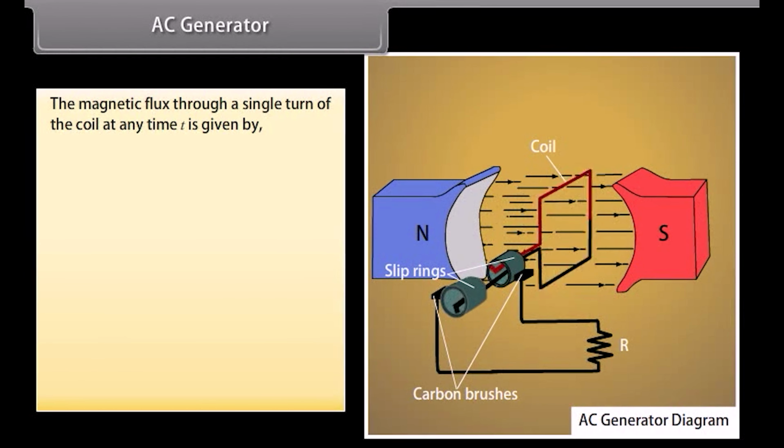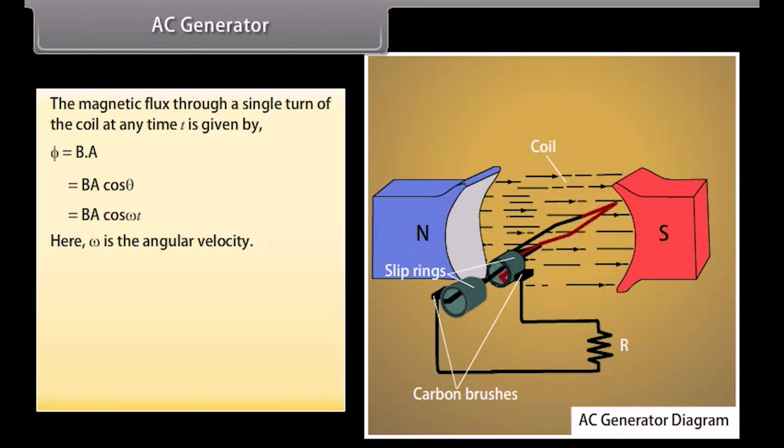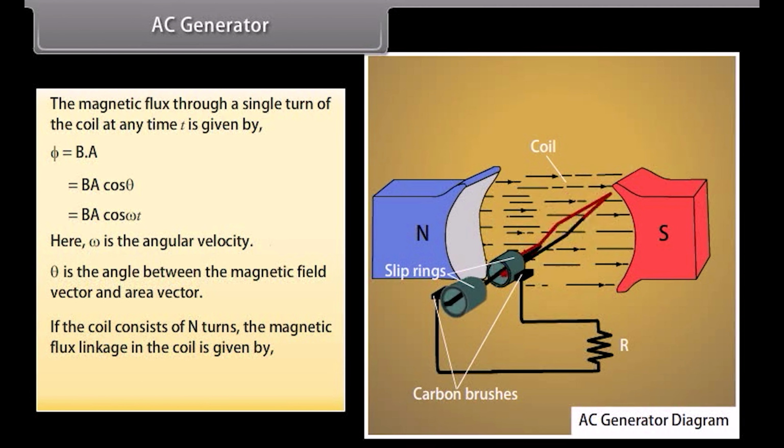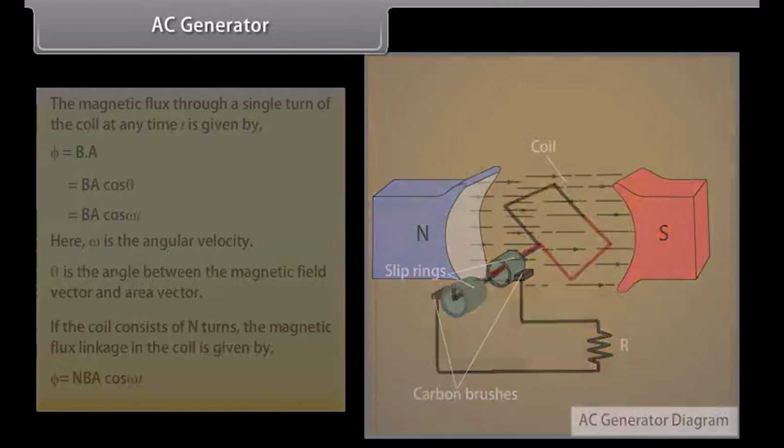The magnetic flux through a single turn of the coil at any time t is given by the dot product of B and A, which is equal to BA cos theta. It can also be written as BA cos omega t. Here omega is the angular velocity and theta is the angle between the magnetic field vector and the area vector. If the coil consists of N turns, the magnetic flux linkage in the coil is given by NBA cos omega t.